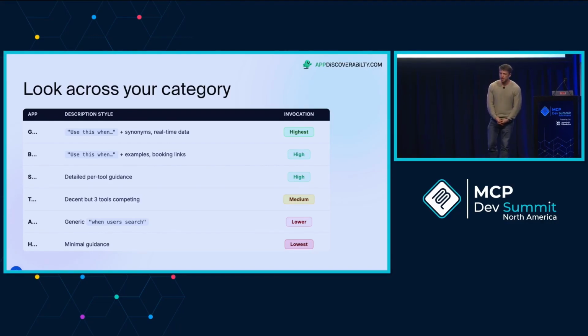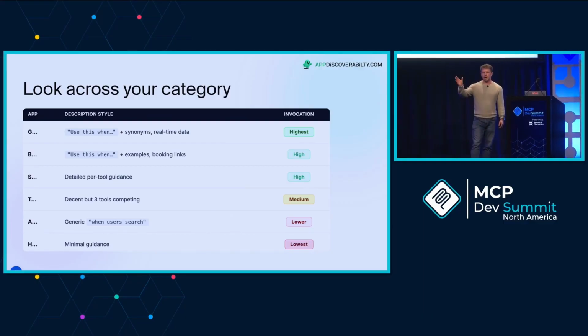Descriptions that are very clear, this is the OpenAI official guidance, by the way, to start with "use this when," and very clear differentiating language on why you should be using this tool, outperform unclear, vague tools for apps that have similar purposes. At the end of the day, these tools all want to do the same thing.